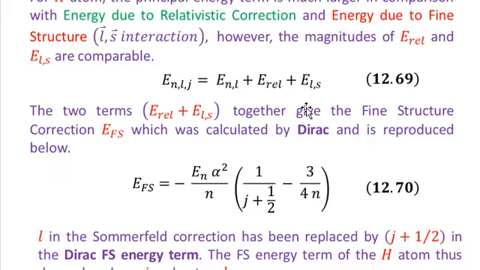So you see that Dirac actually combined these two energy terms into another energy term, which is given in equation number 70.